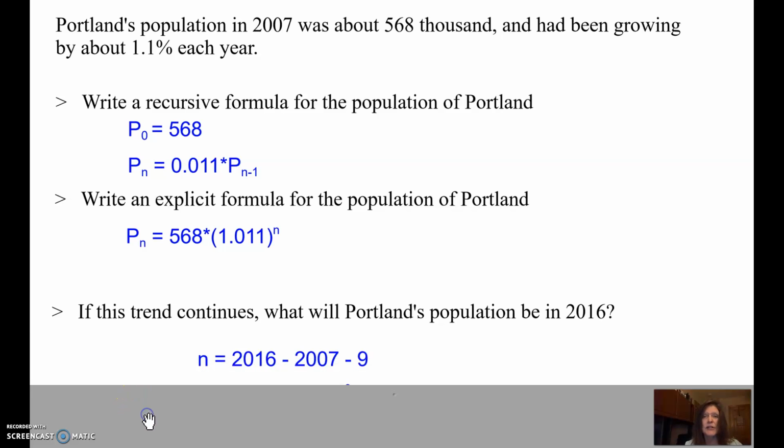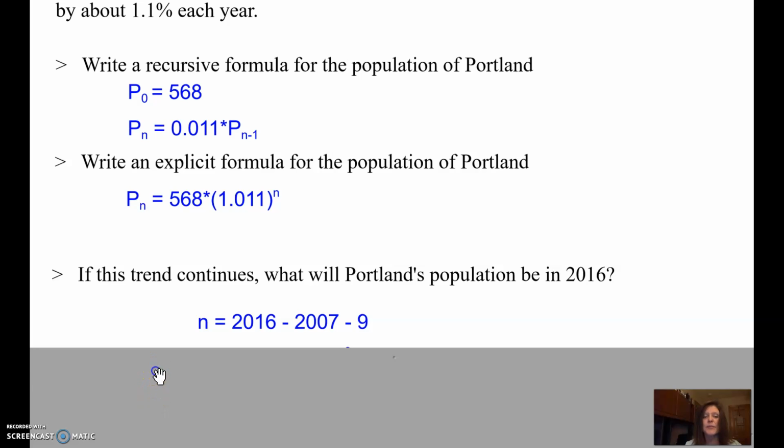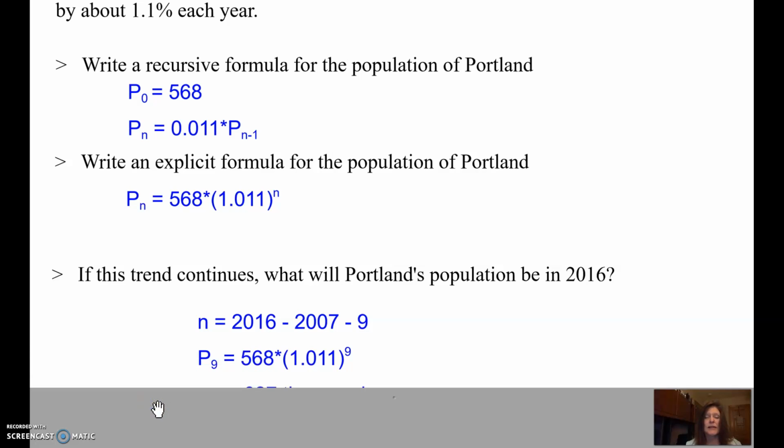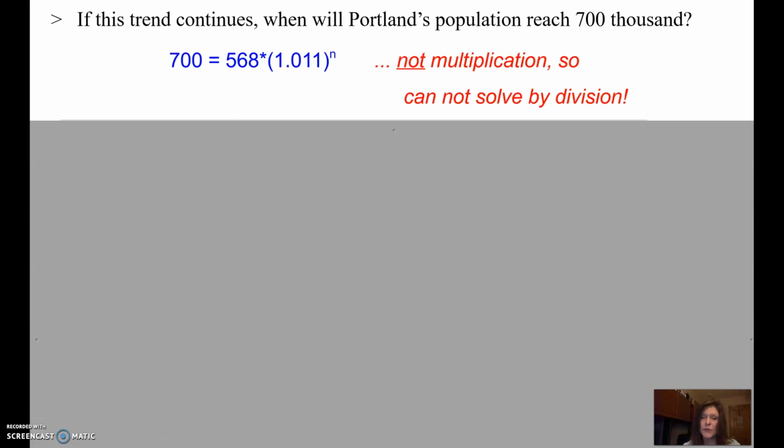Well, it's a little subtraction problem, and we get n equals 9. So we want to really find P sub 9. So we put in the exponent of 9 on our growth multiplier and work it out and come up with about 627,000.